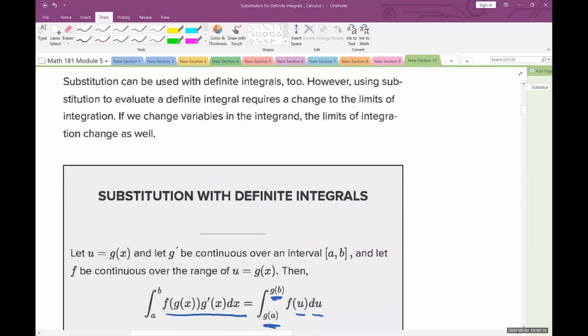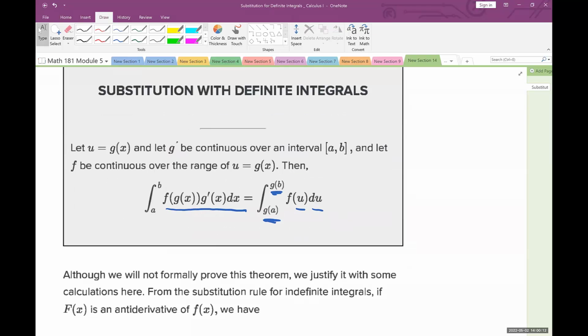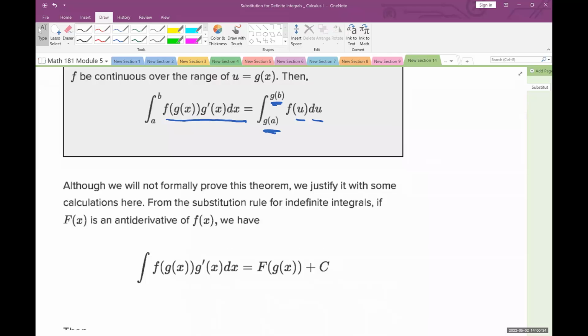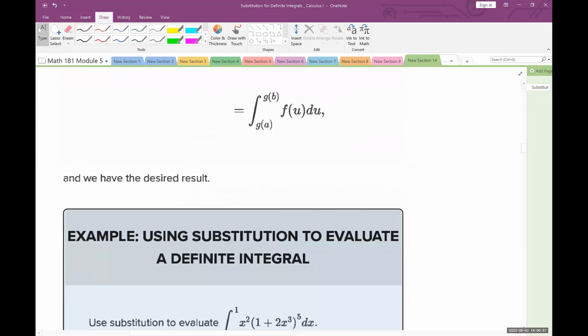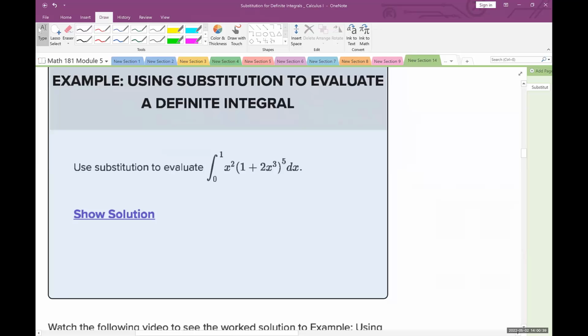Here's an example. What would you identify as the u in this case?